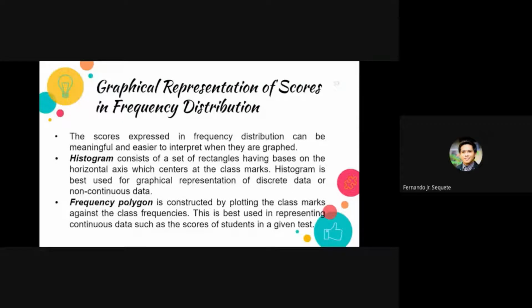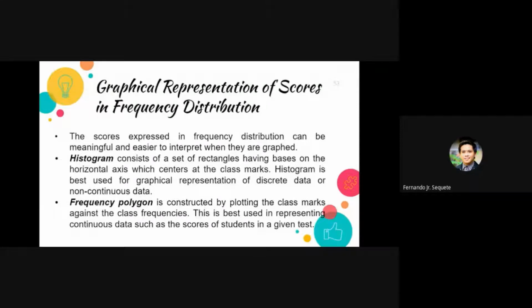So this is best used in representing continuous data, such as the scores of students in a given test. When we say continuous data, this is the result of a computation. And a score here is considered continuous since it is computed.